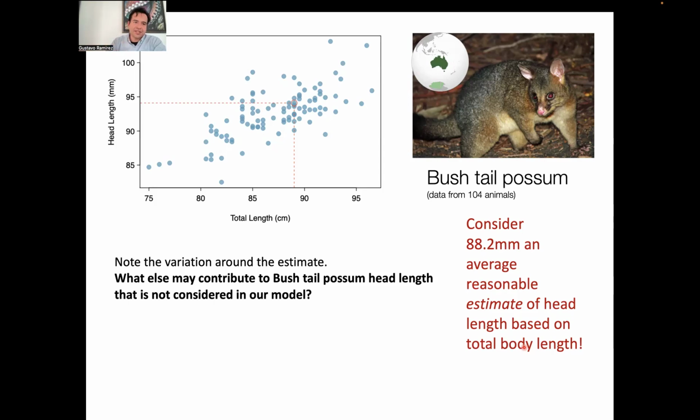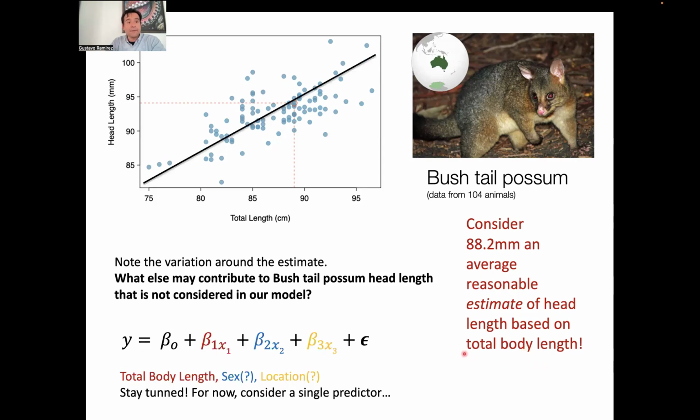So there's a bunch of things that we're not assessing right now. We will totally come back to this idea when we do multiple linear regression. Jumping ahead a little bit, you can have many predictors generate an estimate for head length, for example.